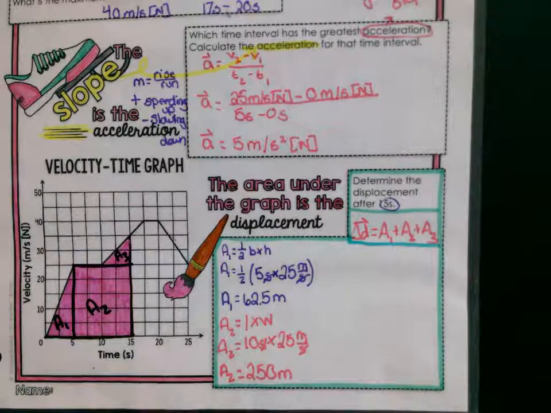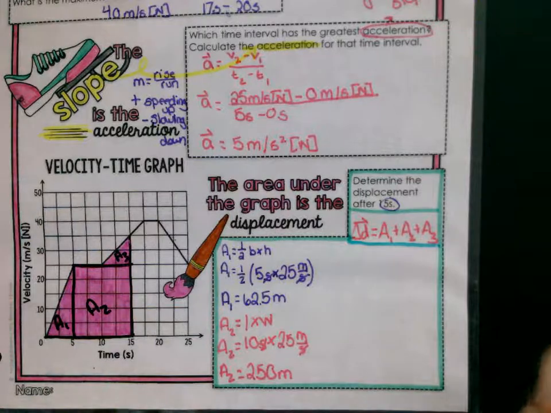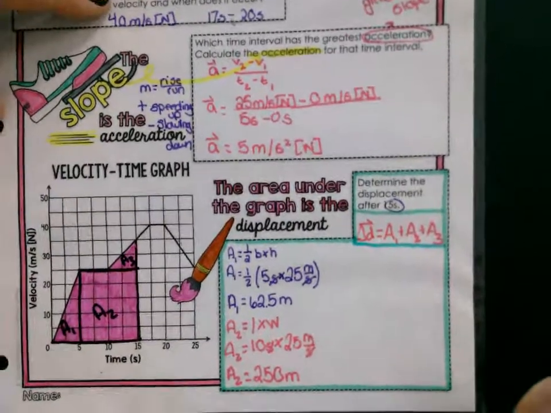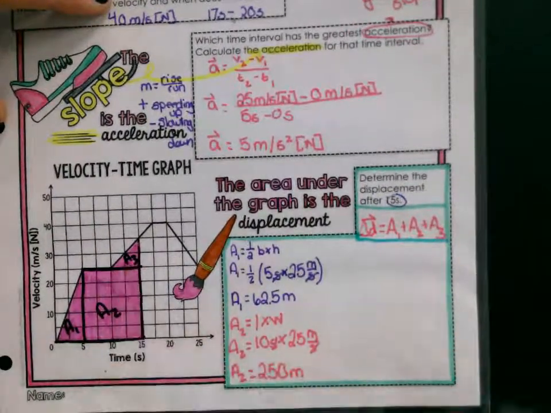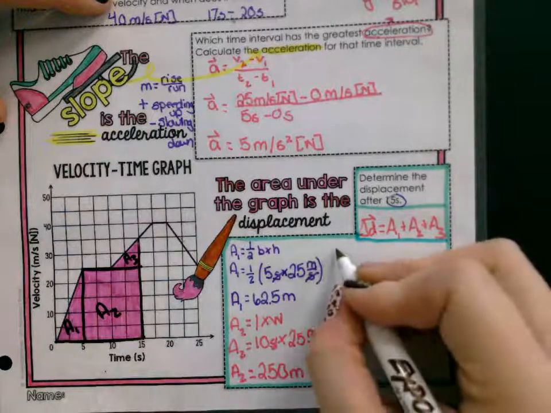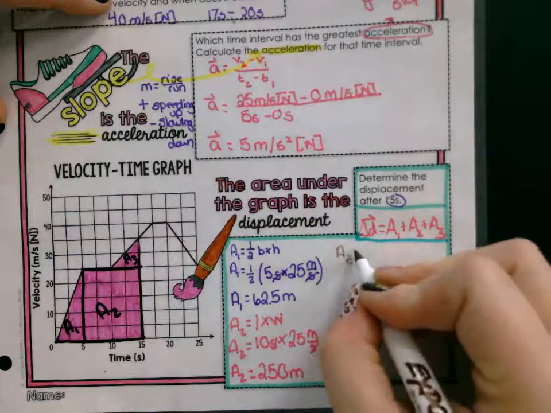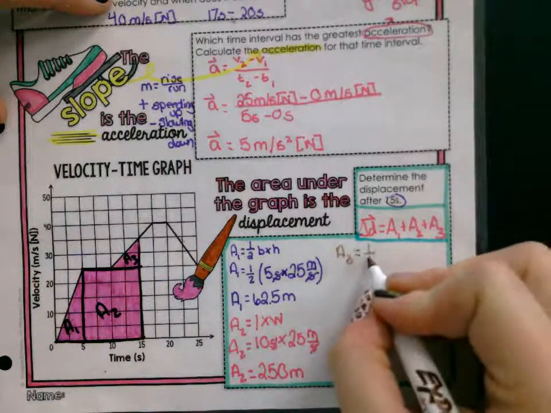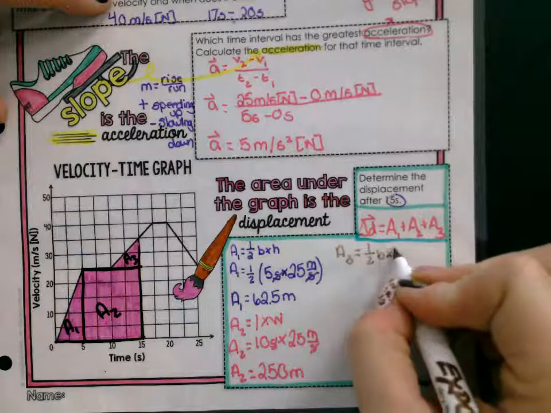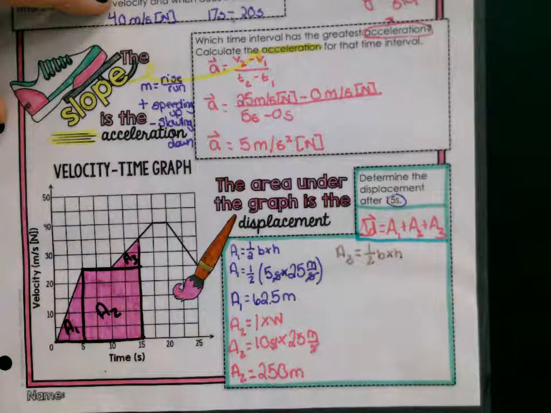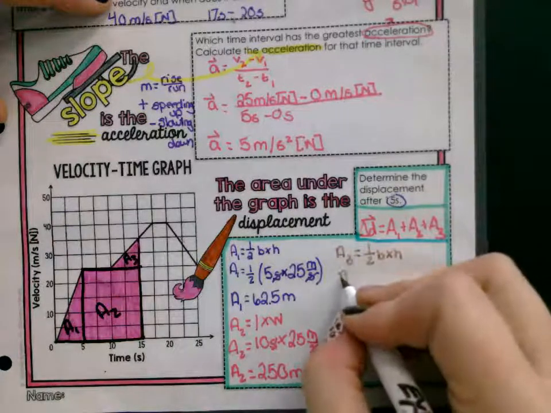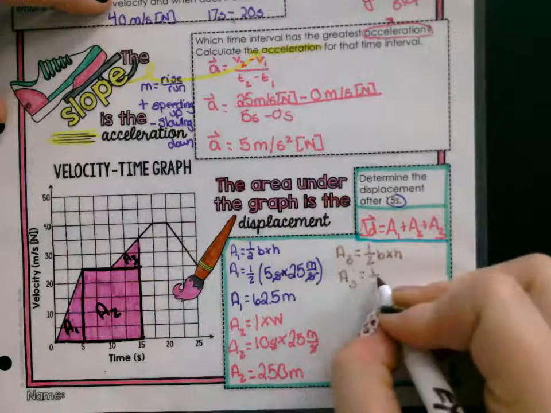All right. And I don't have another shade of pink or purple. I'll use brown. We need to look at the area of triangle 3. That's all we have left. So I've already said that area of a triangle is equal to 1/2 base times height. So my area of triangle 3 is 1/2.